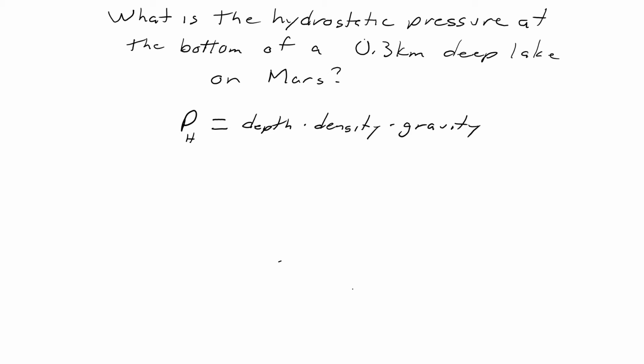What don't you know? Don't know gravity. So gravity on Mars is about 3.3 meters per second squared. So it's about a third of what it is here on Earth. Okay, so take a second and calculate.